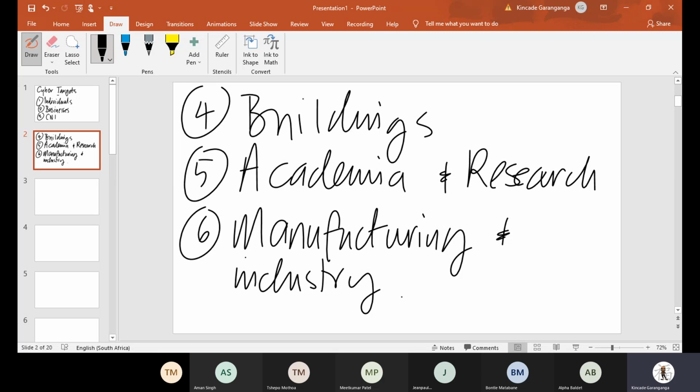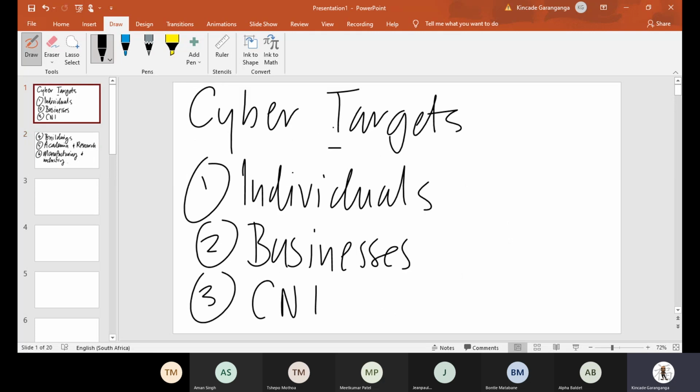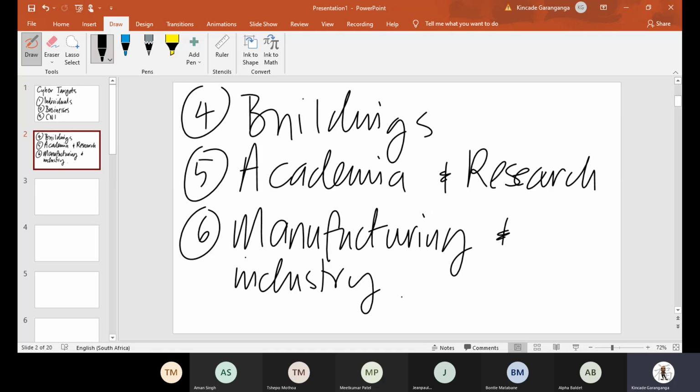So there you go. These are the basic targets that you'll find as far as cyber security platforms are concerned. You've got the basic individuals, your businesses, naturally your critical national infrastructure, as well as your buildings, academia and research, and manufacturing and industry, or the manufacturing industry at large, whichever way you look at it.